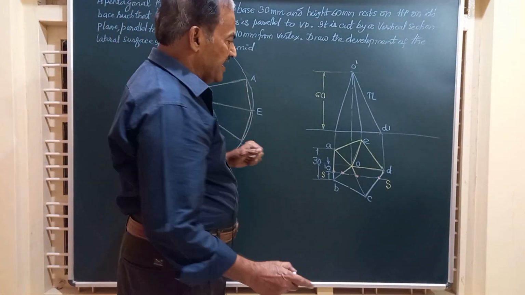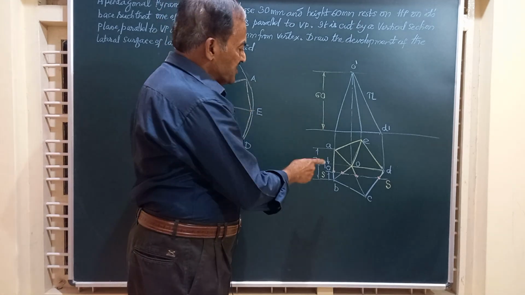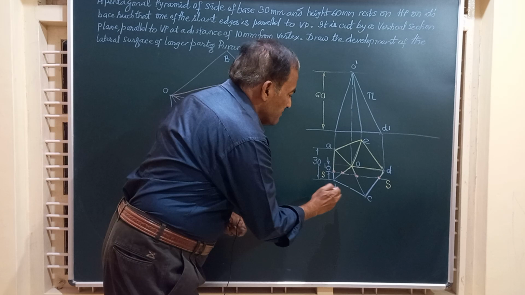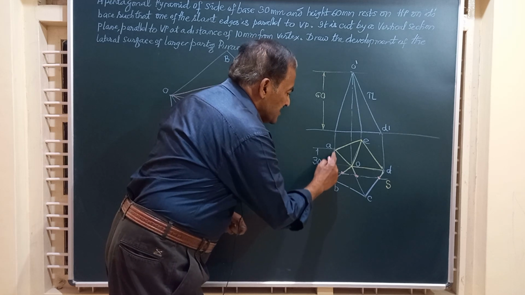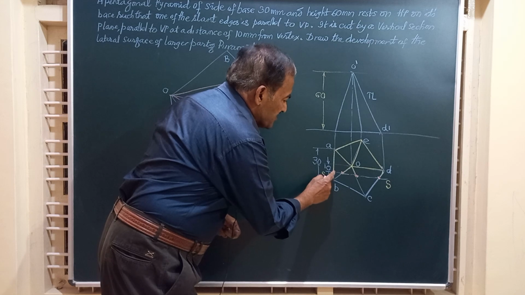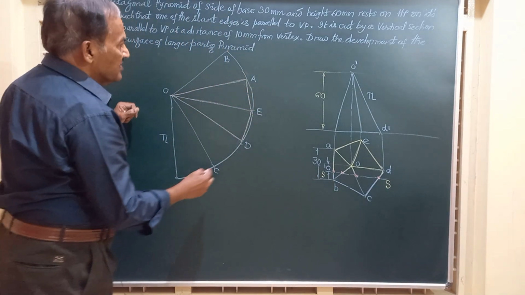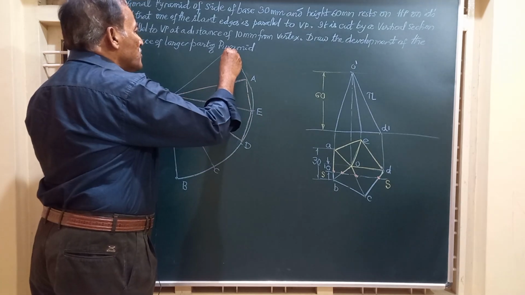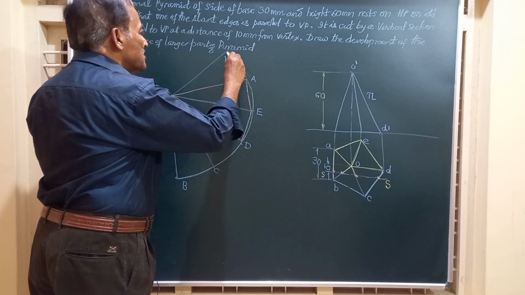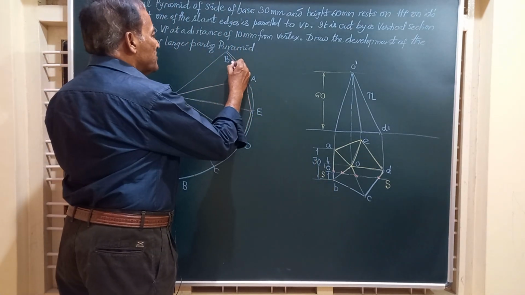And friends, let us move on to the points where the section plane is cutting the base edges. So base edge AB is cut here. This is the true length. So on AB, take this measurement from B and mark it on AB. I am going to show it by a thin line, and near B, I am going to mark a point.